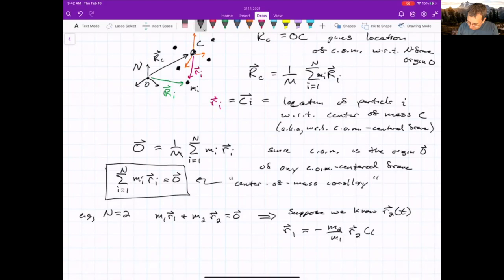And let's just put function of time in there just so it's clear. So especially for just a 2-particle system, this kind of reduces the problem by 1, because all you really have to do is solve for the location of particle 2, and then for free, you get the location of particle 1.